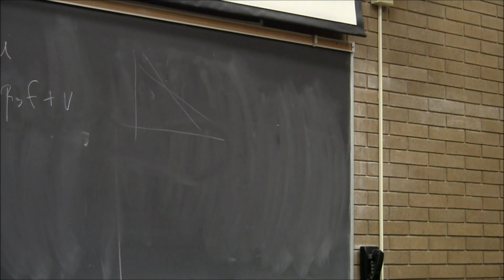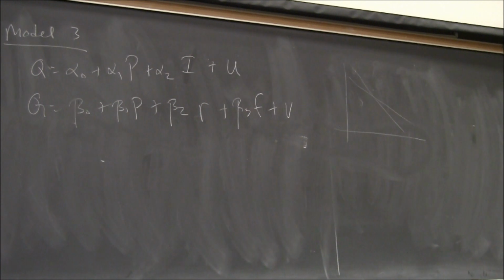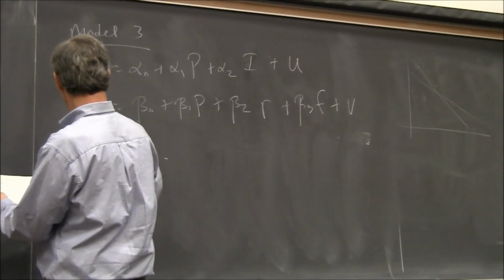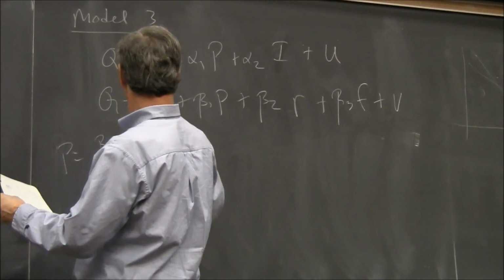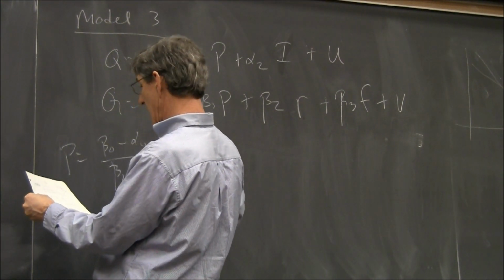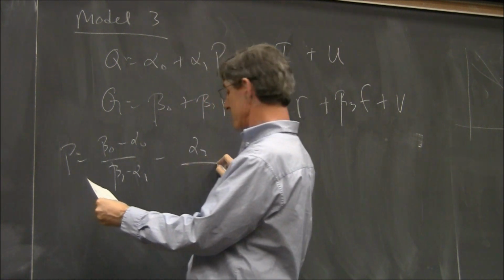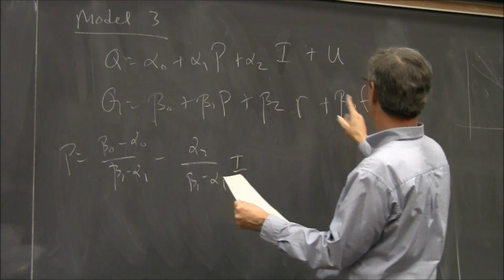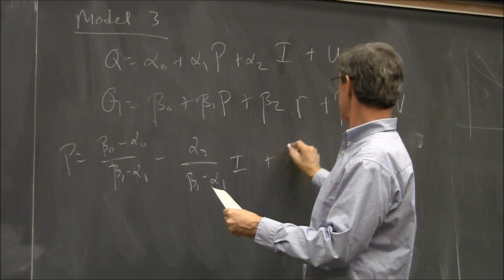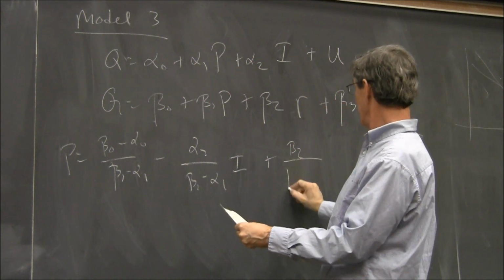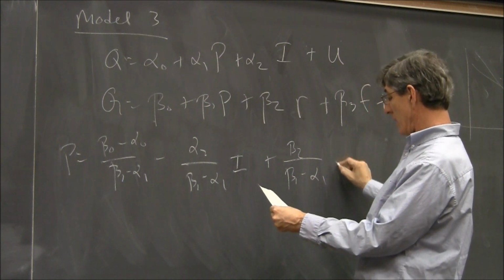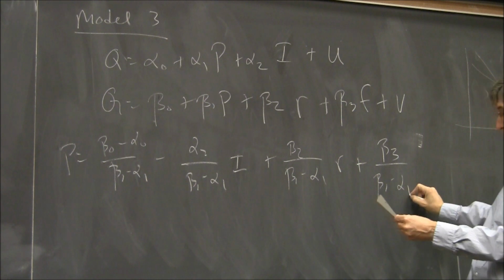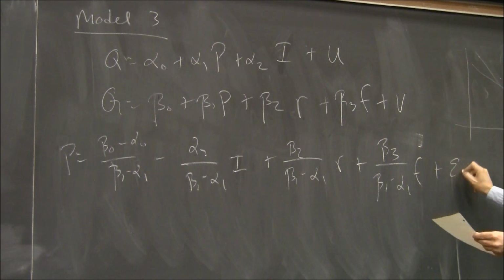So if you were to solve this, again, you could do the reduced form: P equals (beta 0 minus alpha 0) over (beta 1 minus alpha 1) minus alpha 2 over (beta 1 minus alpha 1) I, plus, looks a lot like the last one, beta 2 over (beta 1 minus alpha 1) R, plus beta 3 over (beta 1 minus alpha 1) F plus E1.